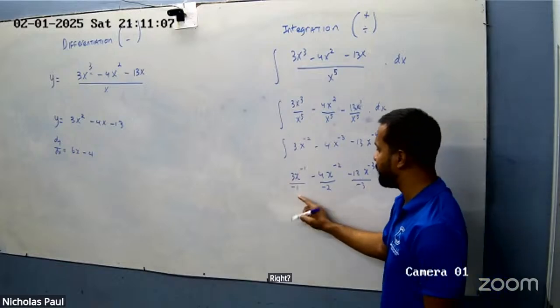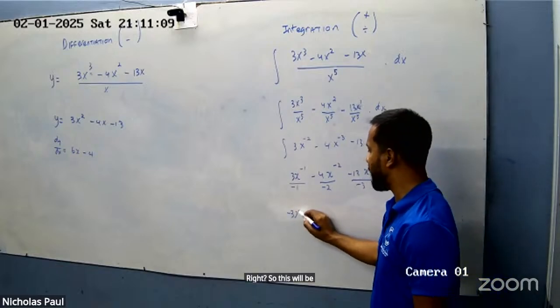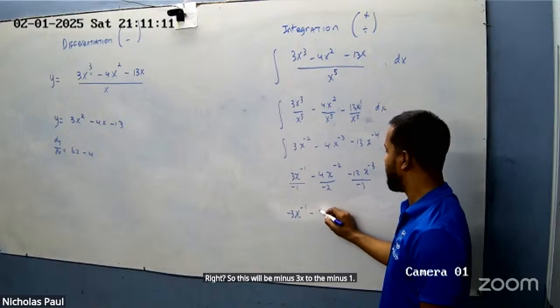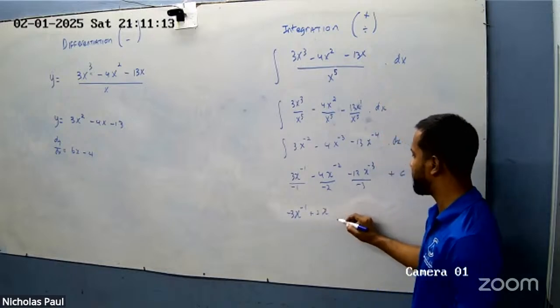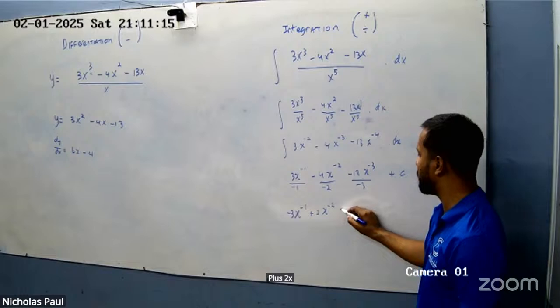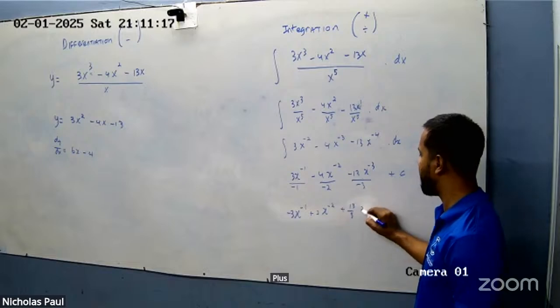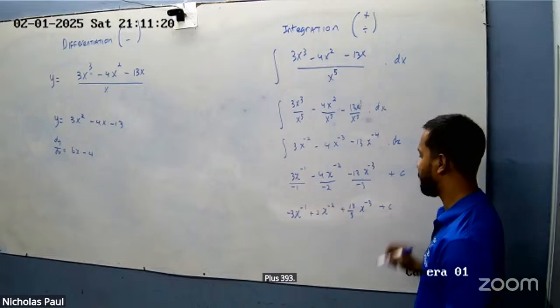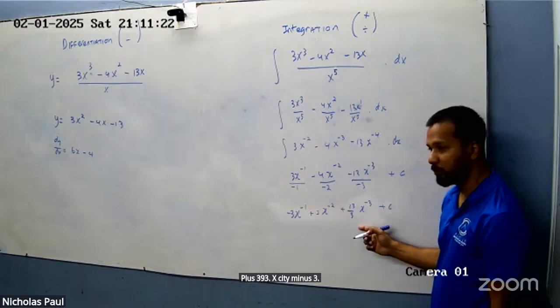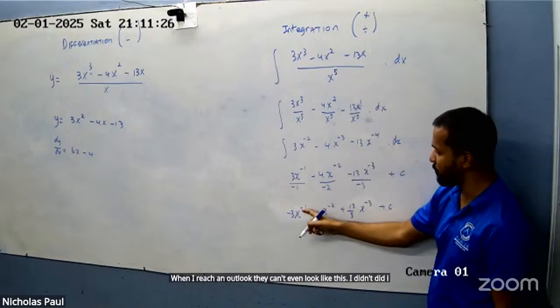So this will be minus 3x to the minus 1 plus 2x to the minus 2 plus 13 on 3 x to the minus 3. When you reach here now, we can't leave it like this. Did I give you negative indices?